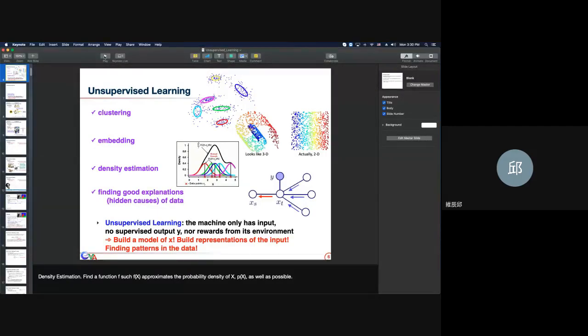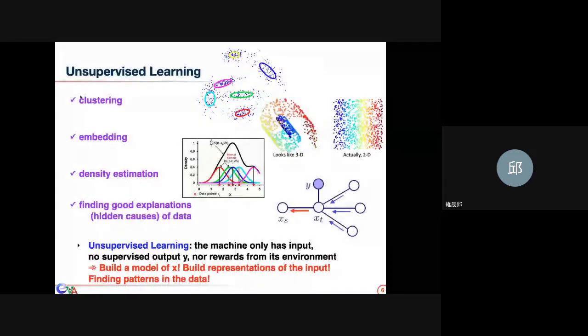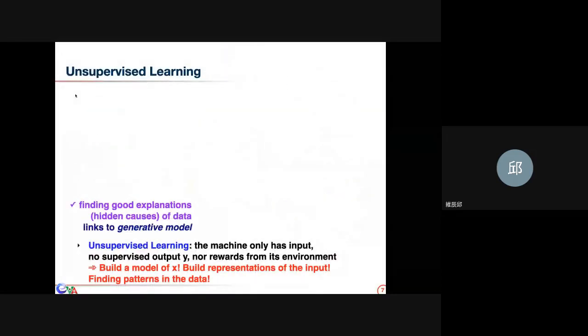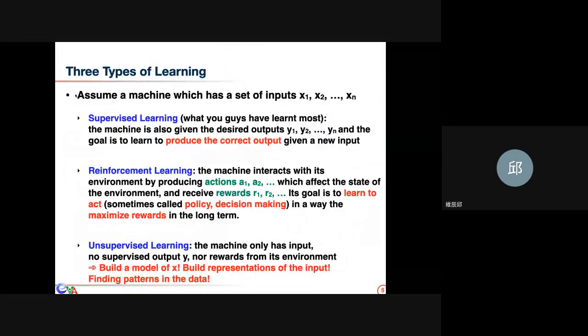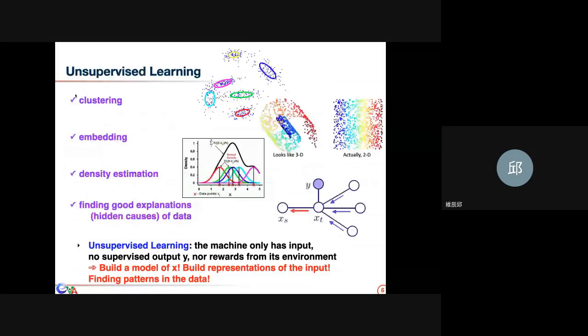Okay. Good. So let's continue on unsupervised learning. The introduction to unsupervised learning. Previously we said there are some subcategories of unsupervised learning, including clustering, embedding, density estimation, and also finding good explanations of the data.